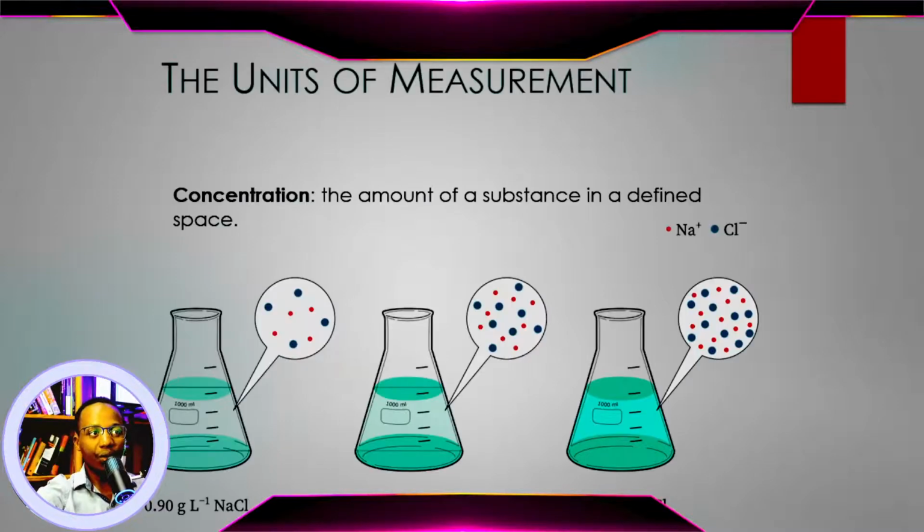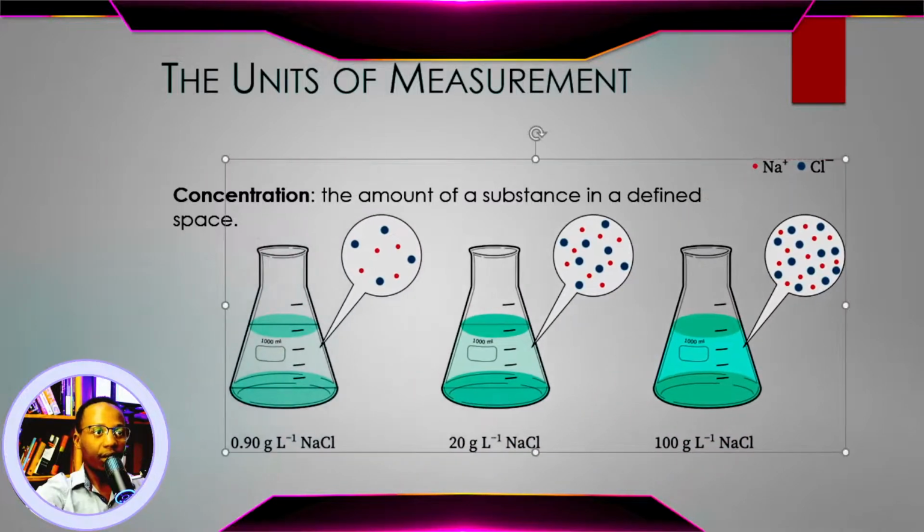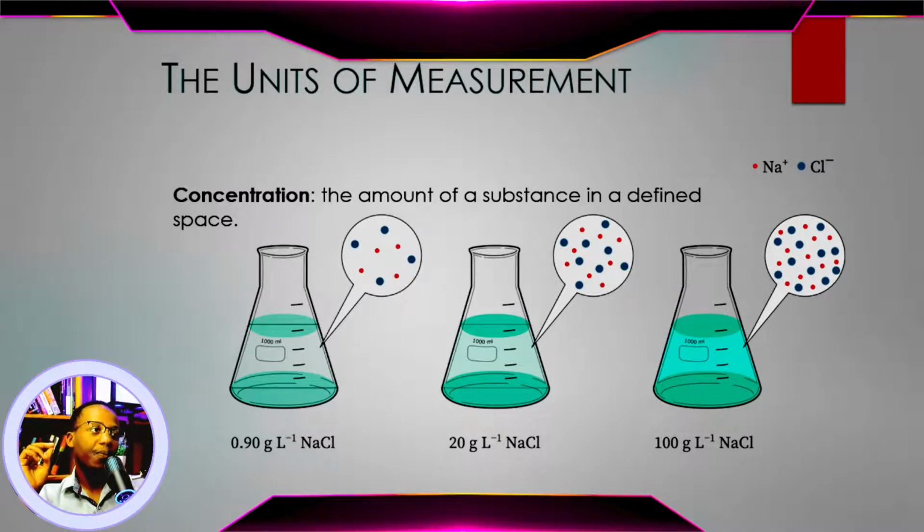So concentration is used a lot in chemistry, and it's the amount of substance in a defined volume, right? It's the amount of substance you have in a certain volume. So think about it this way: if you have a flask and you add salt, in one you add just a little bit, in another one you add a little bit more, and in another one you add too much.